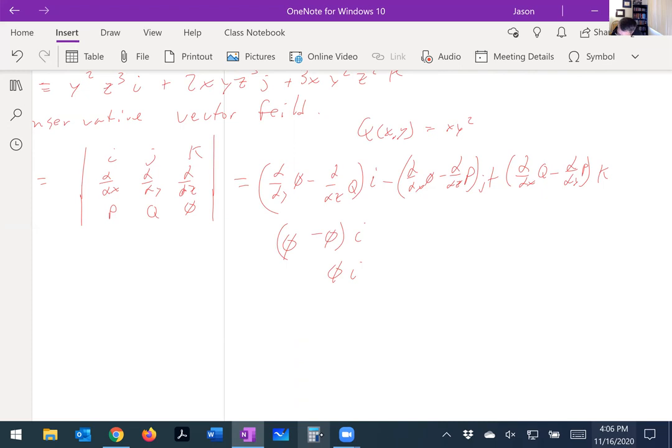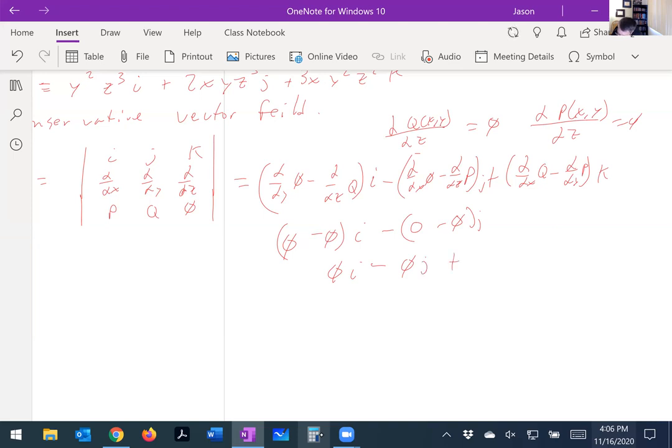This works the same way: minus 0 minus 0, because p is also just x's and y's. The partial of q of x, y with respect to z is equal to 0, and the partial of p of x, y with respect to z is equal to 0, so that's just 0 j.